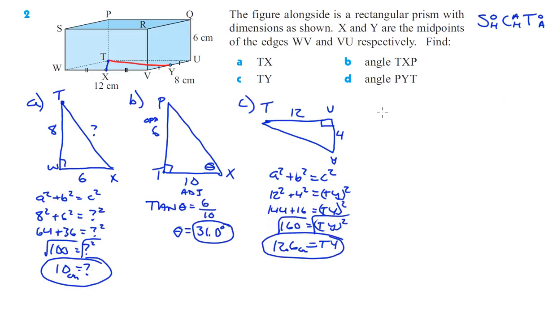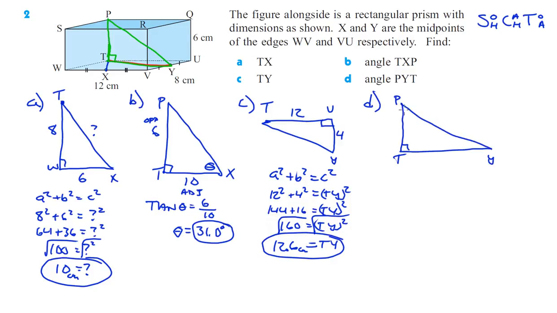Okay, and then for D, what we have there is we're looking for angle PYT. So P to Y back to T. What we want to do now is draw this green triangle here. Let's start with P up here, T is down here, Y is over there.